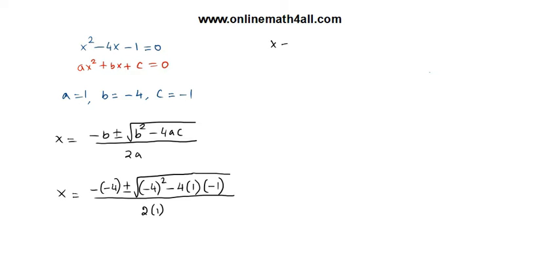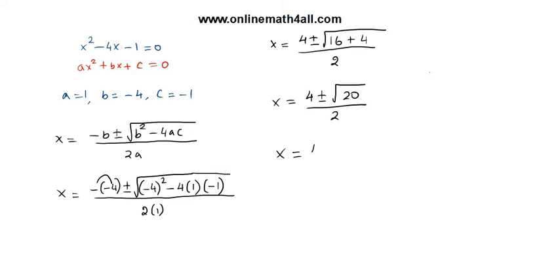So x is equal to, this negative times negative will become positive 4, plus or minus square root of, negative 4 square is just 16, and negative 4 times 1 times negative 1 will become positive 4, because negative 4 times 1 is just negative 4, and negative 4 times negative 1 becomes positive 4, all divided by 2. So x is equal to 4 plus or minus square root of 20 over 2.